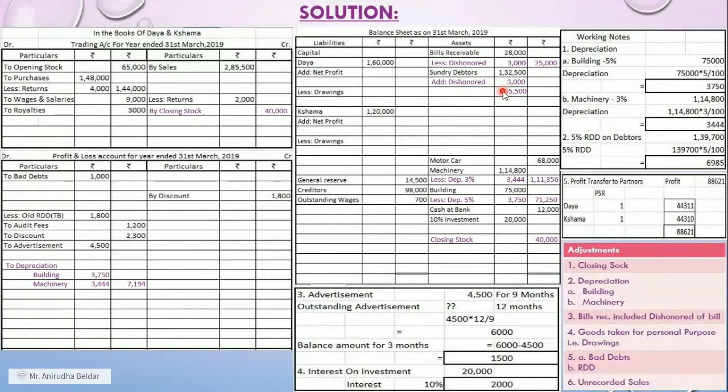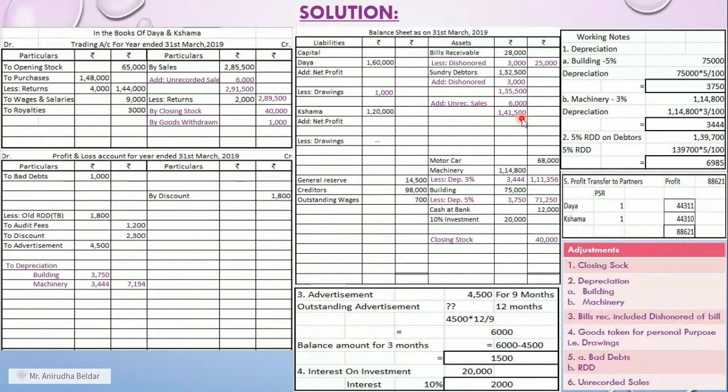The first effect goes to the trading account credit side, and the other effect is less from capital. Here we have not prepared partners' capital or current account. The next adjustment is unrecorded sales. We will add the unrecorded sales to the sales and to debtors.